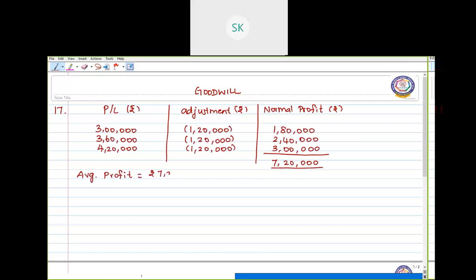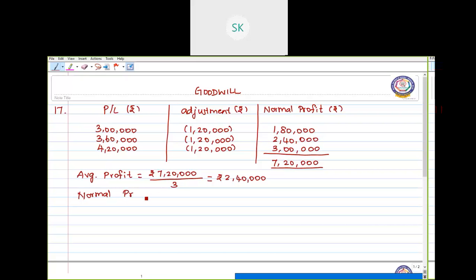So this total of the profits divided by number of years. The answer is 2 lakh 40,000. Now we have found out the average profit. Next we are going to find the normal profit.